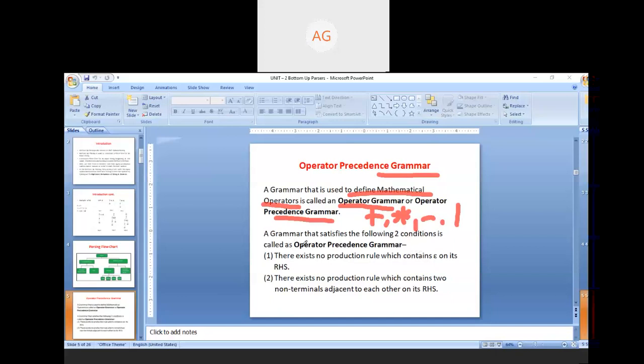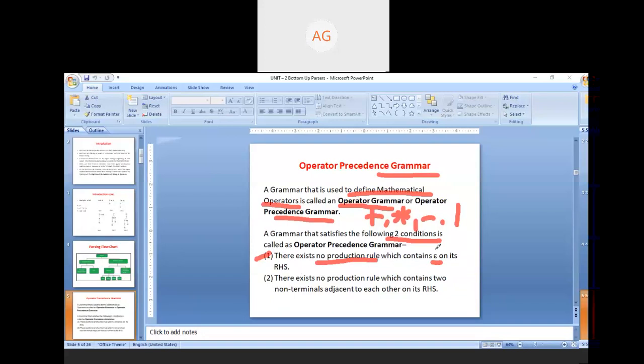So a grammar that satisfies the following two conditions is called the operator precedence grammar. These two conditions are very important, because whichever grammar follows these two conditions is said to be operator precedence grammar, and the grammar which does not follow these conditions is not operator precedence grammar. The first condition is there exists no production rule which contains epsilon on its right hand side.